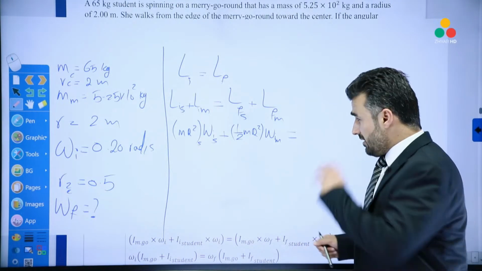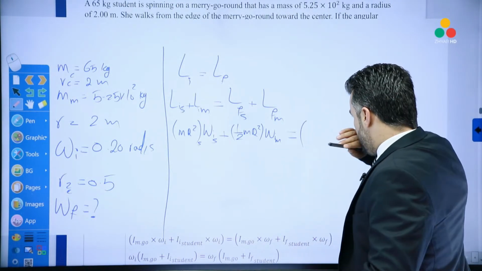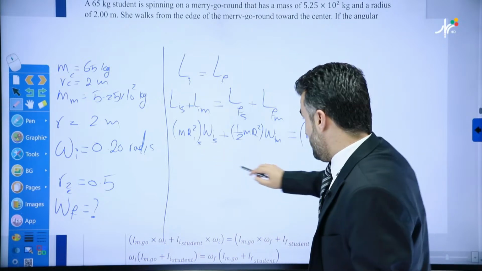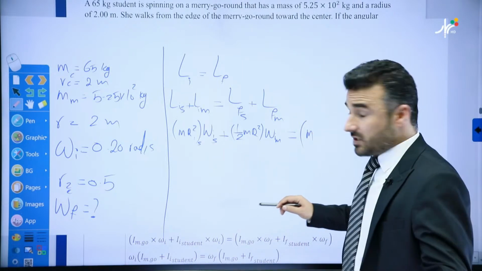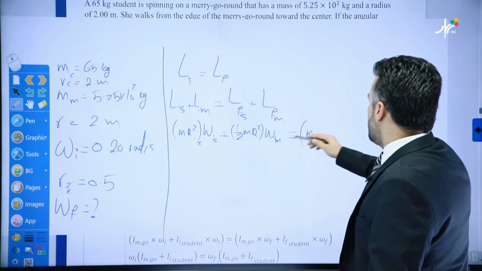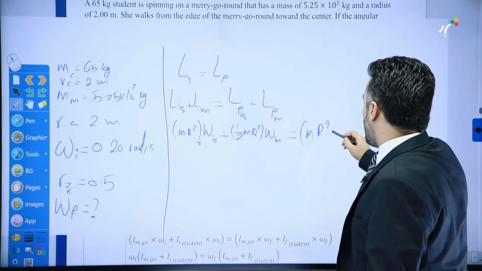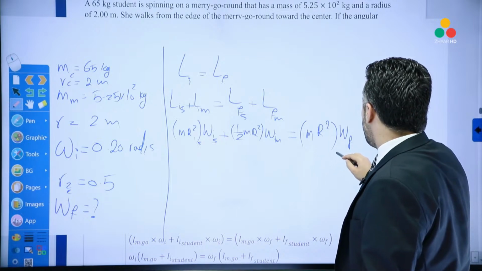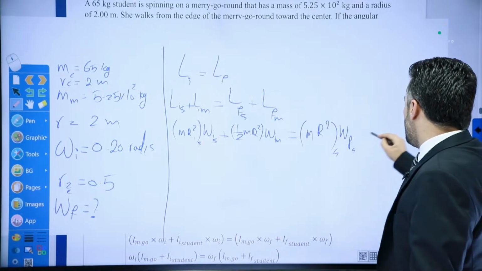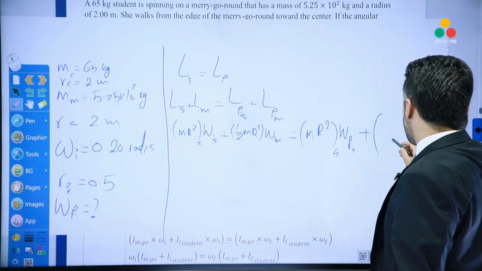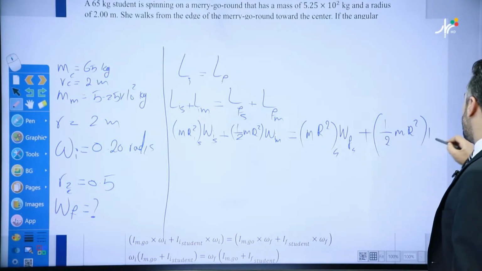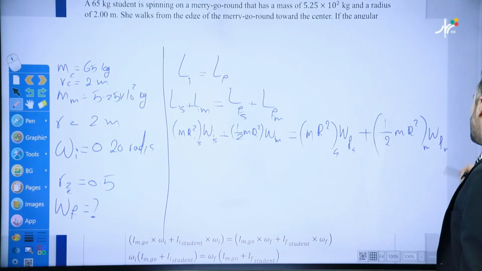For the child it is going to be m, we can call this one r1 by the way, because the radius for the child is changing. So mr squared multiplied by omega final for the student, plus once again for the merry-go-round, 1/2 mr squared multiplied by omega final.